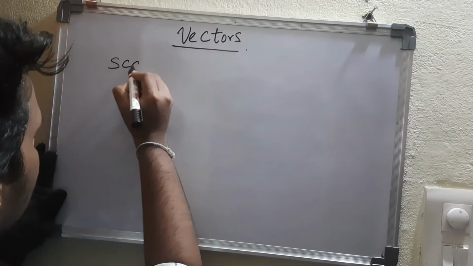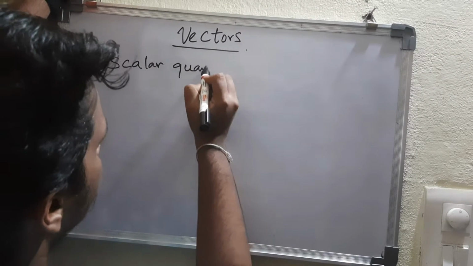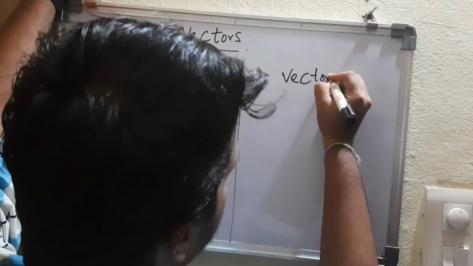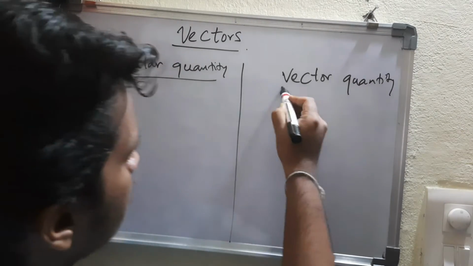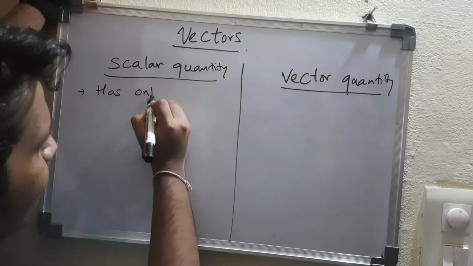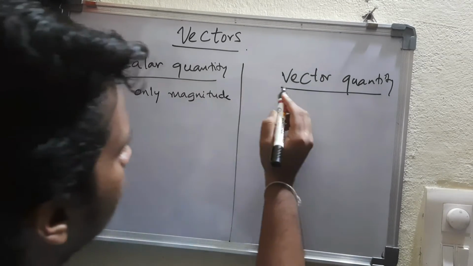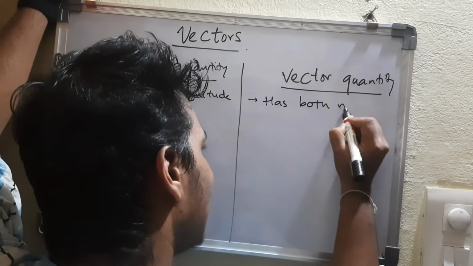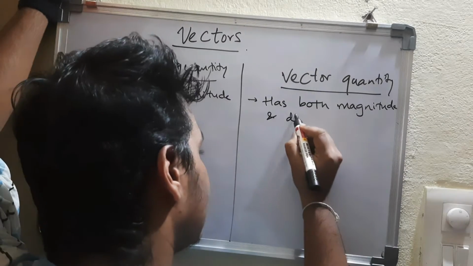Scalar quantities. Vector quantity. Scalar quantity has only magnitude. Vector quantity has both magnitude and direction.